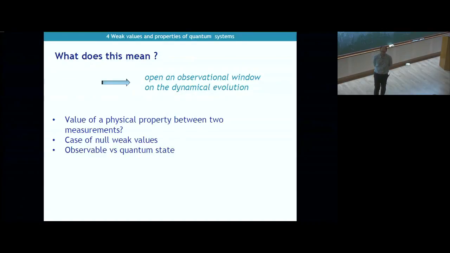Part of the weak measurement protocol, yes. So the final measurement is a measurement of some observable B. And so you project to an eigenstate of the observable B that has some well-defined property.